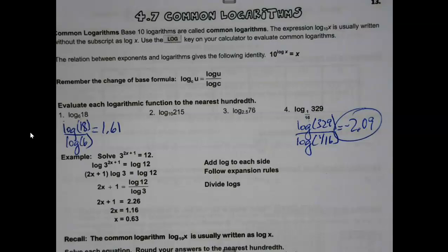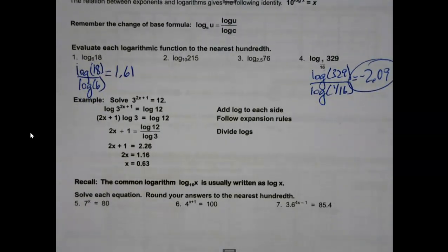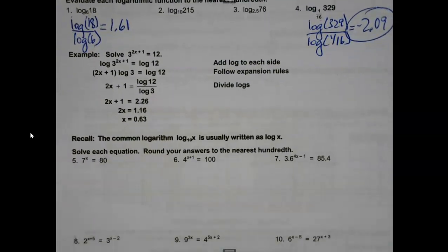So when we chatted last, though, about solving with these, we were hoping for one of two things. We were hoping that there was a log of the same base on both sides, or if there was only one, that there was a number on the other side that I could get a value for. One small issue, though. Sometimes you're going to run into a logarithm where that's not possible.